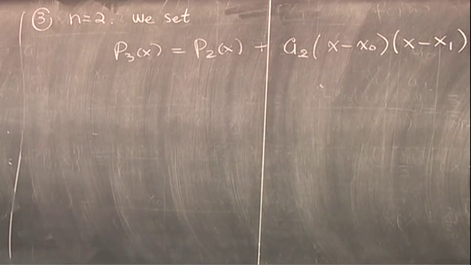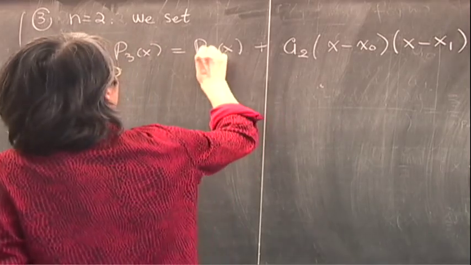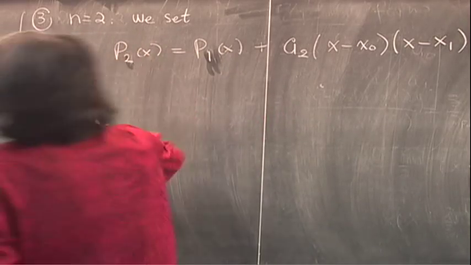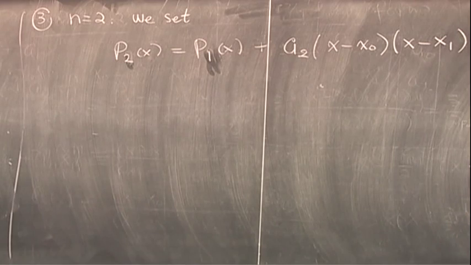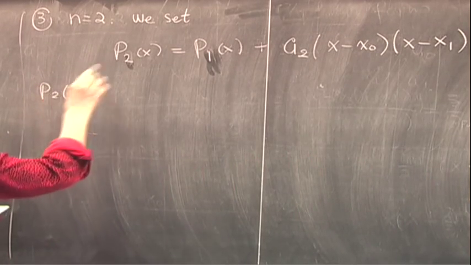Each step I go, I first interpolate, and then I pick up one more point, and then one more point. Right now, when n equals 2, I will be interpolating 3 points. So should it be P2 of x equals P1 of x plus A2? Yeah, I jumped an index. I'm sorry. That will be the next one, right? Next one, yeah.